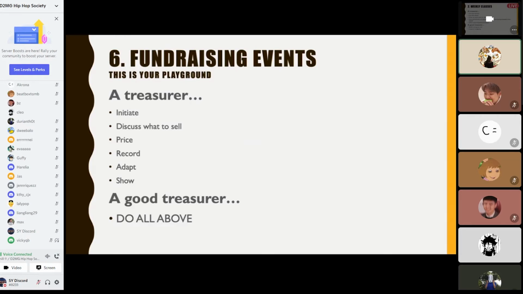And for that, you have to work with an Excel spreadsheet. And yeah, a hint to all the commerce students, finance students, accounting students out there: it's a good way for you to practice. And also, you have to record the sales each day to see what sells best at what time, on what day, and you have a reference for the next time you have fundraising events.